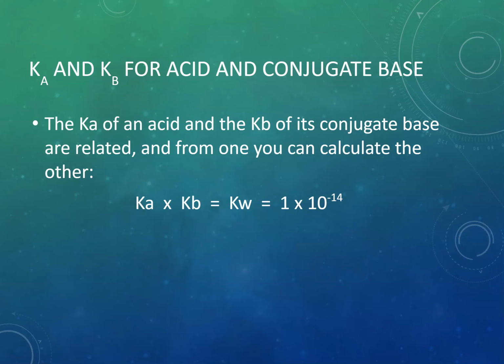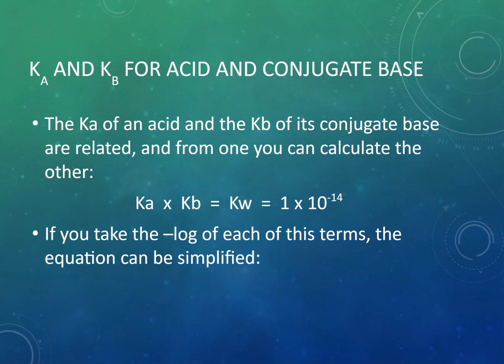So if we know Ka, we can calculate Kb, and vice versa. And we can also take the negative log of all of these pieces of information, and so actually pKa plus pKb will give us 14.